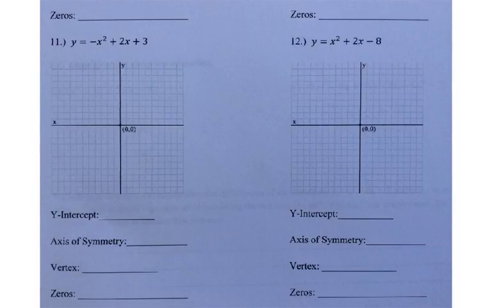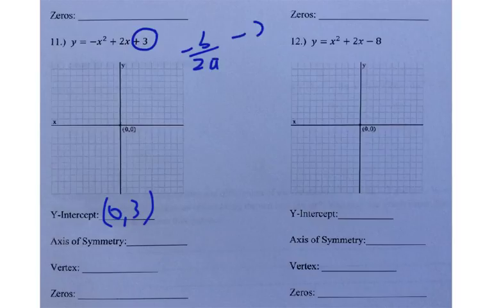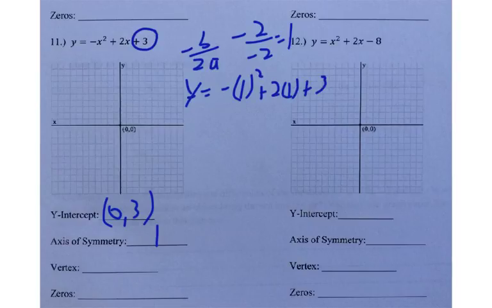Okay, number 11, we want to find our y-intercept, which is 3, so 0, 3. Axis of symmetry is negative b over 2a, so that would be negative 2 over negative 2 times 1, which is negative 2, which would be positive 1. And then my vertex, plug that 1 back in, and it will be y equals negative parentheses 1 squared plus 2 parentheses 1 plus 3.